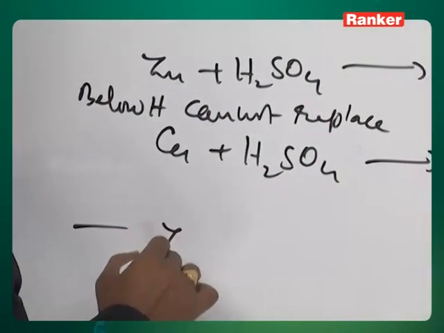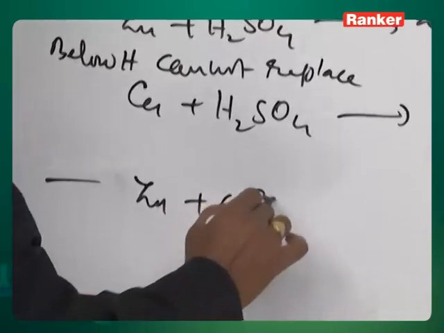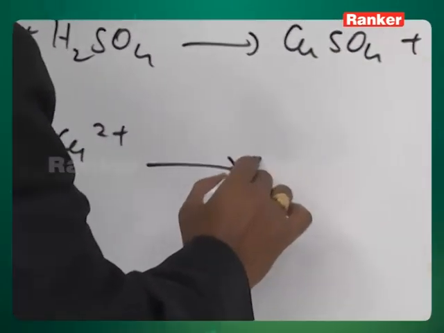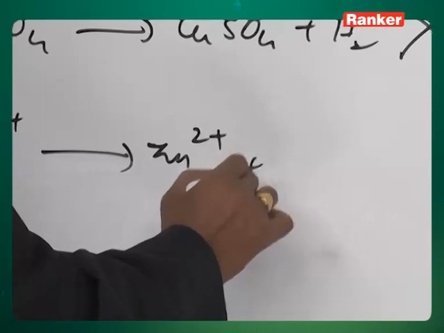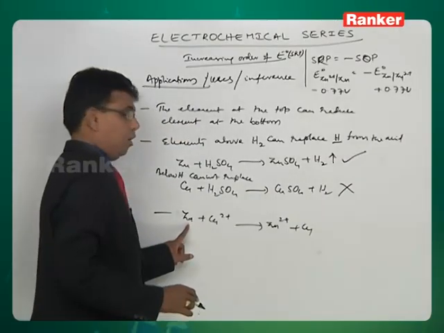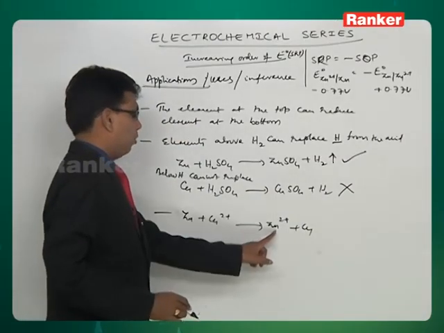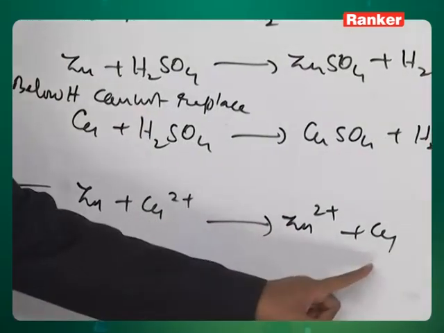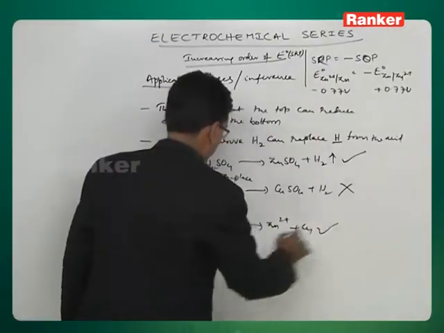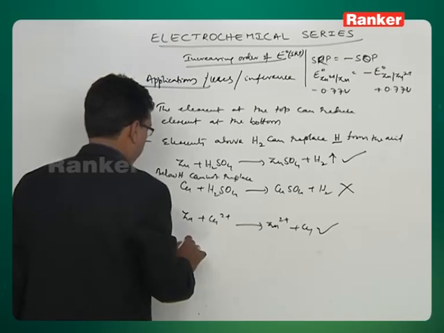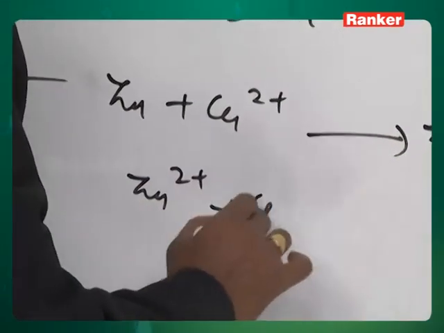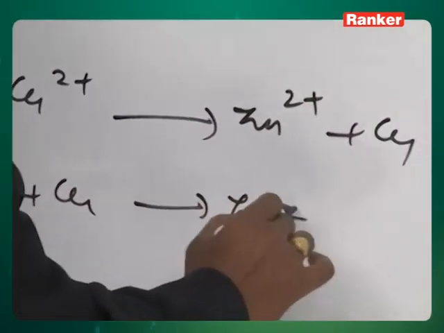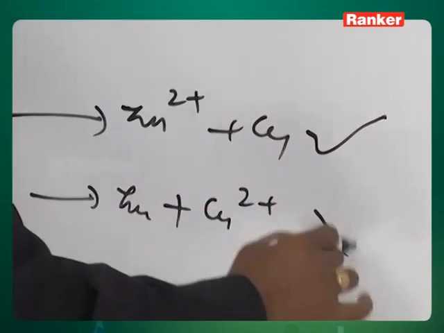And also, as we wrote, the element at the top can reduce the element at the bottom. So, Zn plus Cu2 plus, this reaction is possible, giving Zn2 plus and Cu. The element at the top undergoes oxidation and reduces the ion to metal; this is possible. But the other way around, Zn2 plus plus Cu to Zn plus Cu2 plus, is not possible.